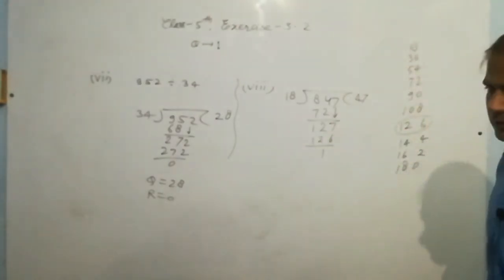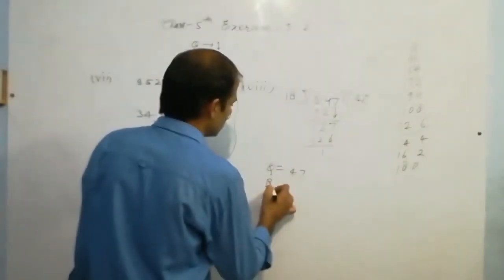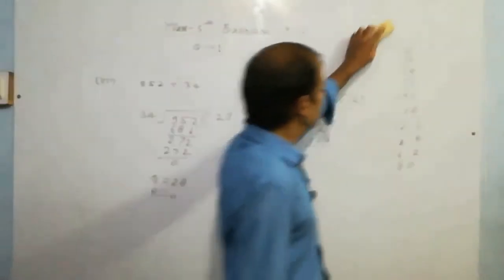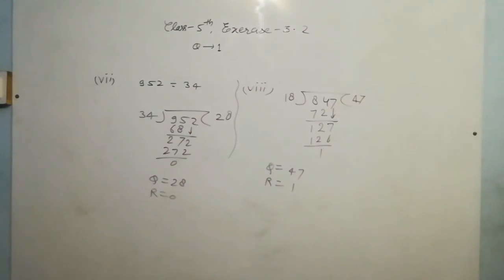The remainder is 1. So we have to write quotient equals to 47 and remainder equals 1. Erase this rough work. And the answer is quotient is 47 and remainder is 1.